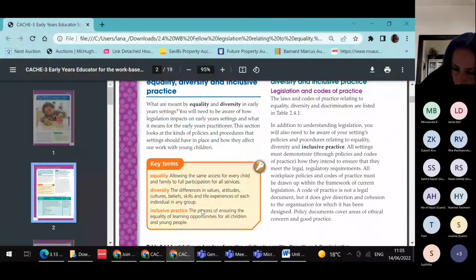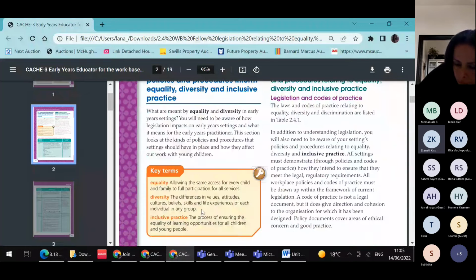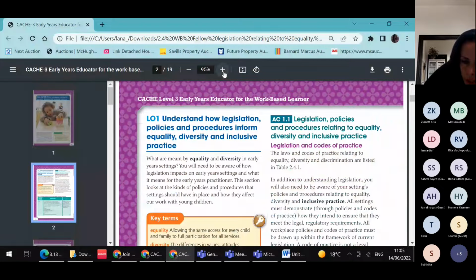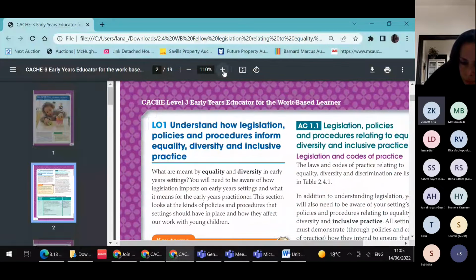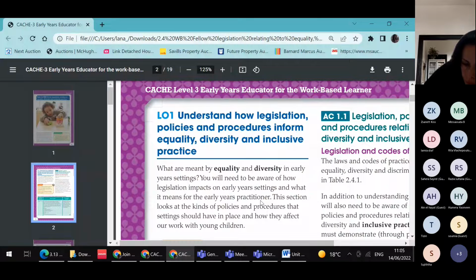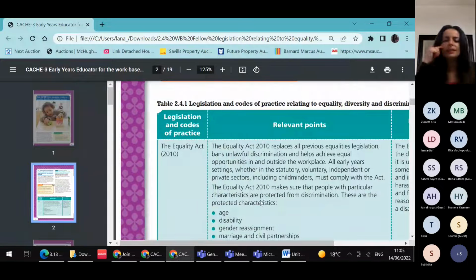Where is the legislation? Let me just enlarge it. So these are the legislations that affect the inclusive practice.